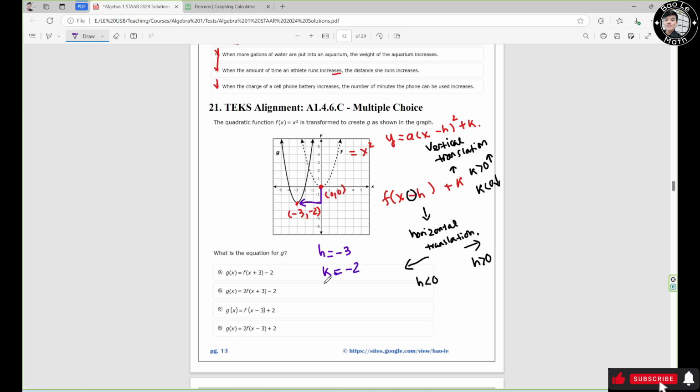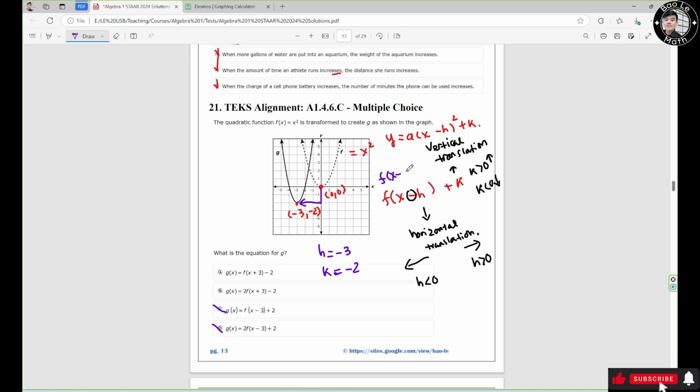So we look for K first, right? K equals negative 2, we need to eliminate C and D, because the function is moving down. Now the function is moving to the left 3 units, so h is negative 3. H equals negative 3, we substitute over here. So we have f of s minus, this is the negative sign from the function.